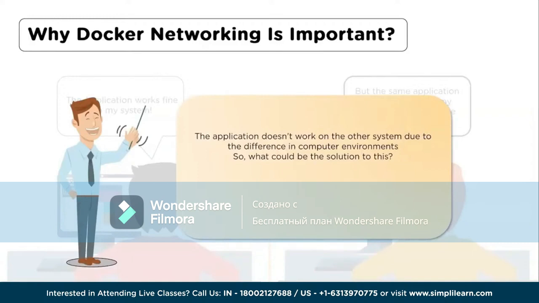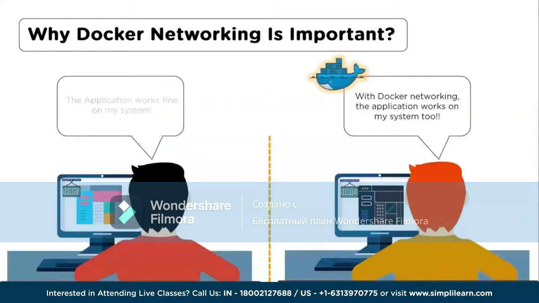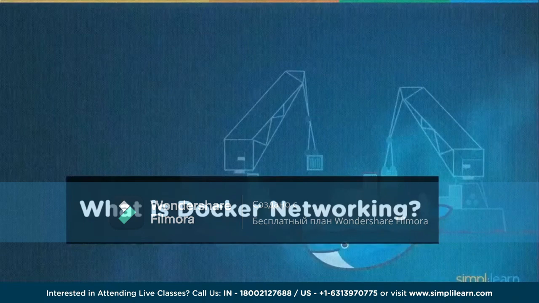So how can we get a solution so that we don't get this kind of problem, and once the container is prepared, it should be able to run across different systems? Docker networking is the ideal solution for this problem. With Docker networking, the application works fine on any system, and you don't have any dependency that it will run only on a specific machine or a particular system.